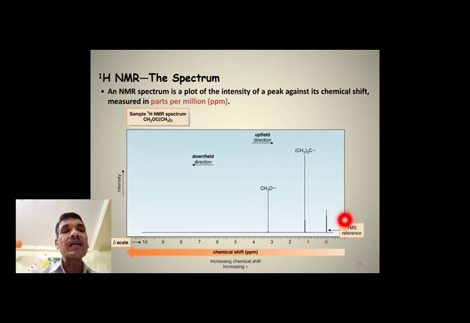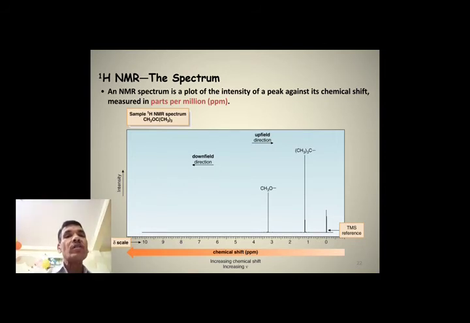At 0 delta, the reference standard used in NMR spectroscopy is TMS, where TMS is tetramethylsilane, which contains 12 equivalent protons, and all these 12 equivalent protons show a sharp signal on the delta scale, which is recorded as 0 delta, and from this 0 delta, all other protons present in a molecule show their absorption in the range up to 10 delta.